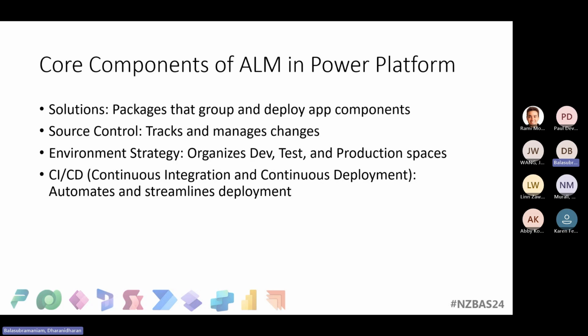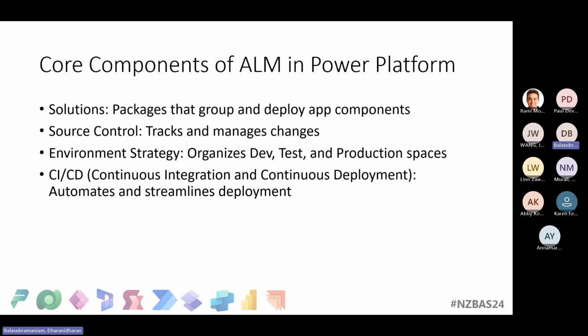Plus, these pipelines allow us to keep the updates flowing smoothly from dev to test, test to UAT, and then to the production environment. These components, the solution, source control, environment strategy, and the CI/CD, together form the foundation of ALM in the Power Platform, making it easier to maintain, scale, and collaborate on our solutions.